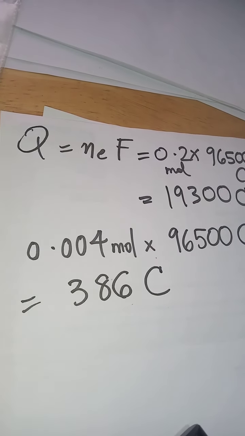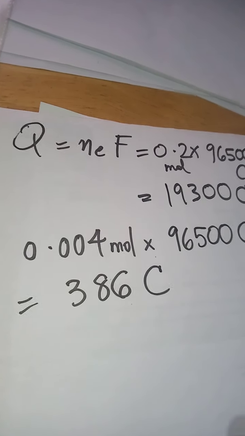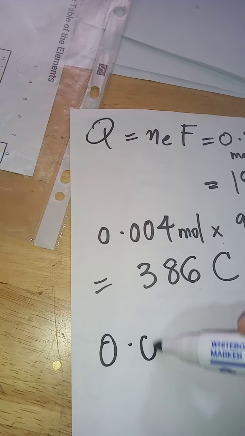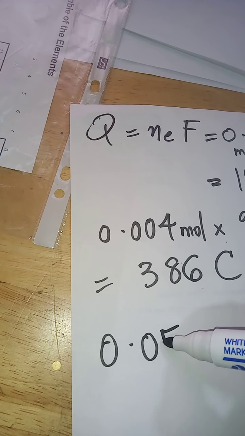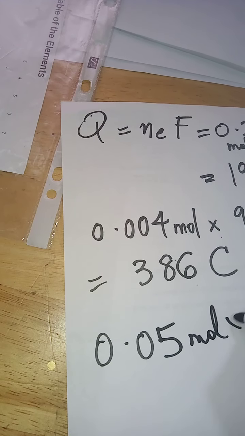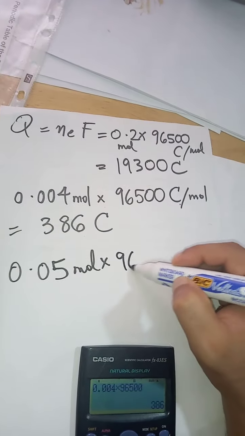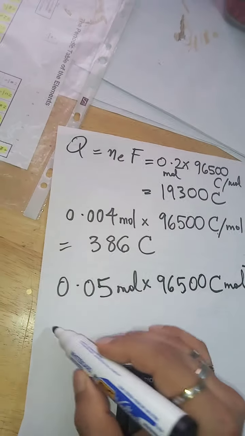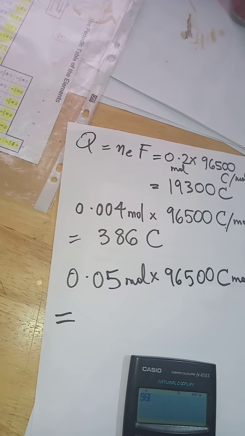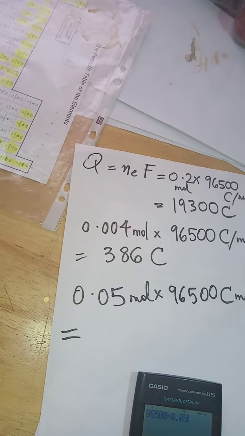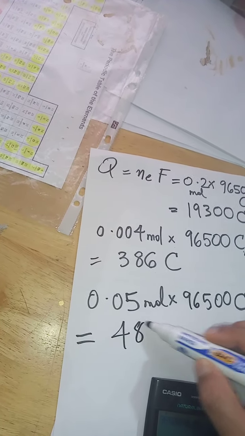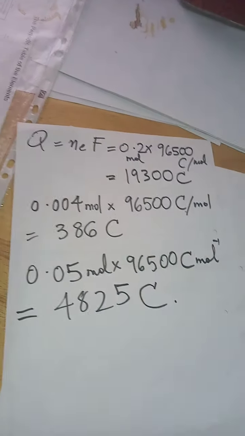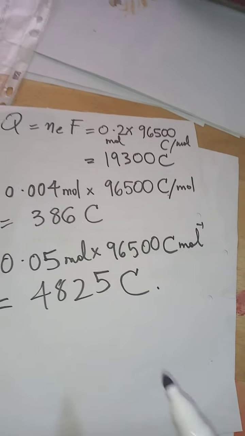For 0.05 moles of electrons, it would be 4,825 coulombs. So that's another way of looking at the equation.